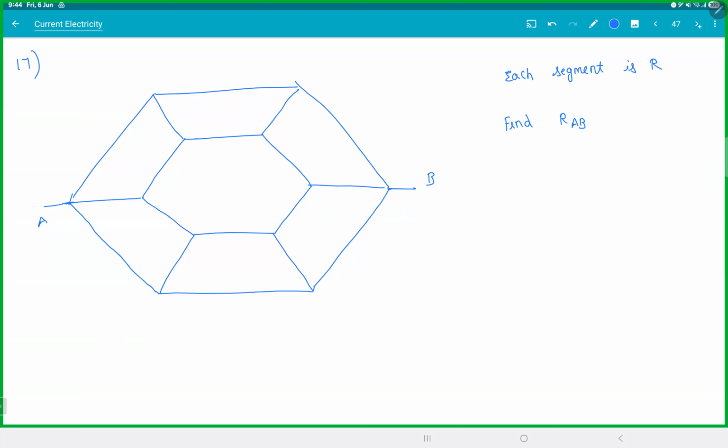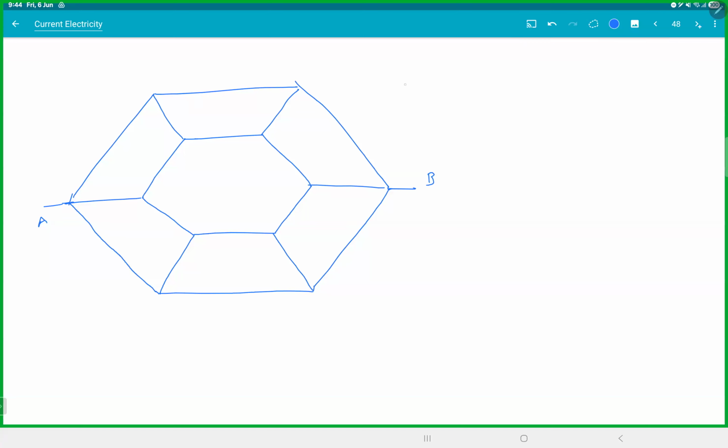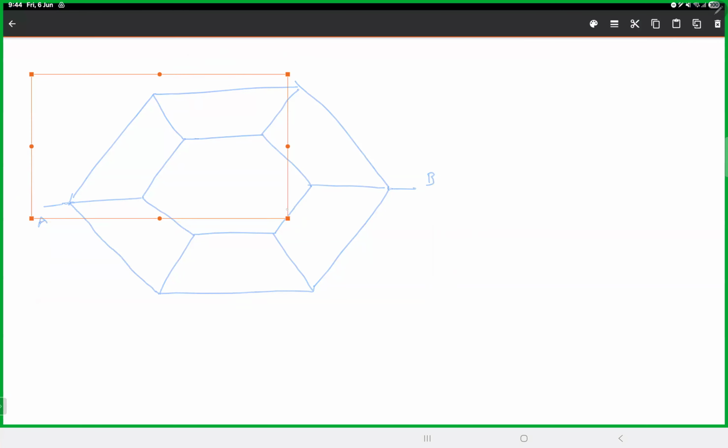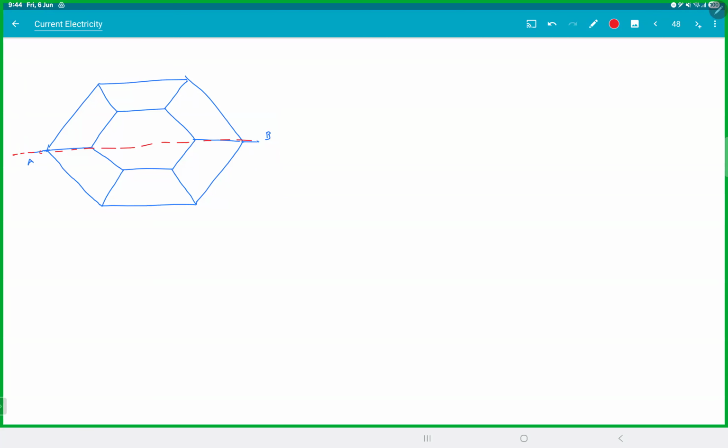Did you fold it? Got the new resistances? If I fold this, this is how it looks.